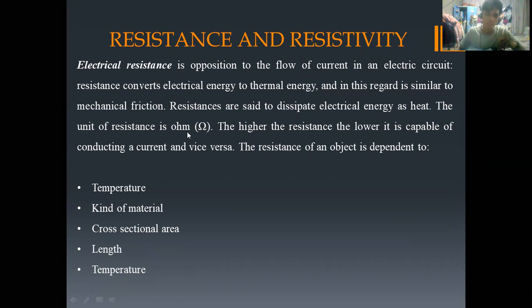The unit of resistance is ohm. The higher the resistance, the lower the current it's capable of conducting, and vice versa. The resistance of an object is dependent on the kind of material, cross-sectional area, length and temperature.